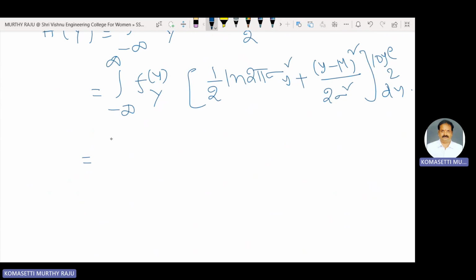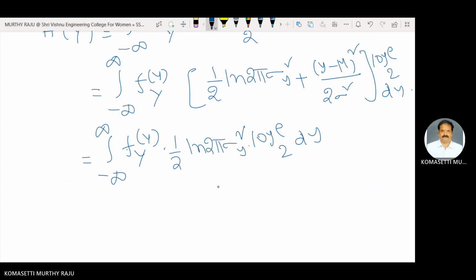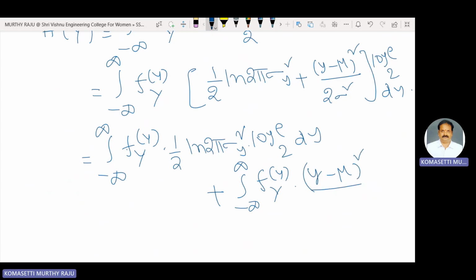Multiply this one entire term, minus infinity to plus infinity integral over f of y: 1 by 2 ln 2 pi sigma y square into log e to the base 2 dy, plus integral over minus infinity to plus infinity f of y into (y minus mu) whole square by 2 sigma square log e to the base 2 dy.